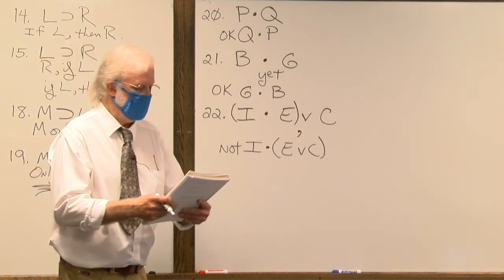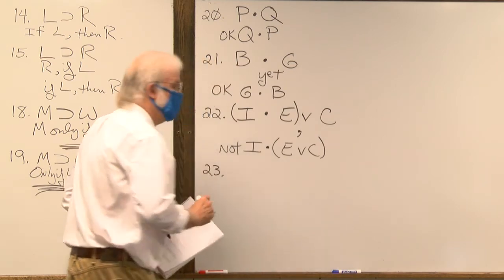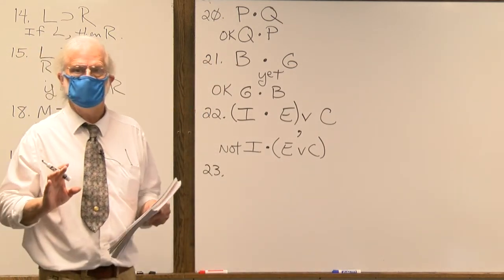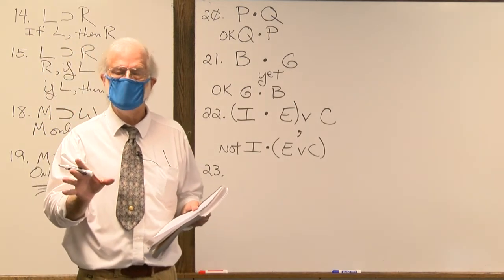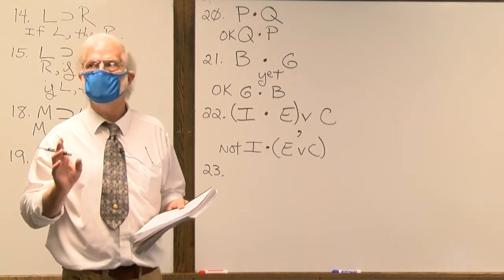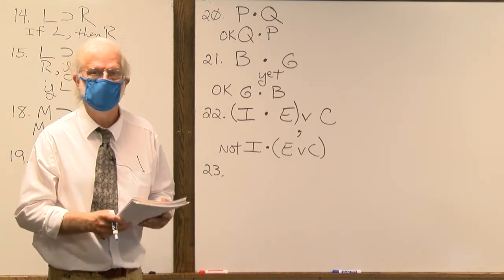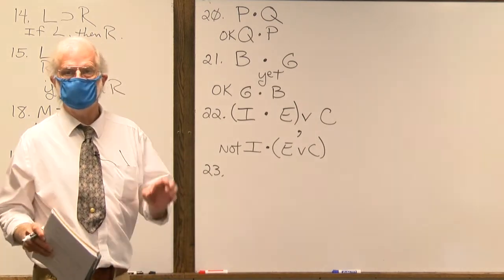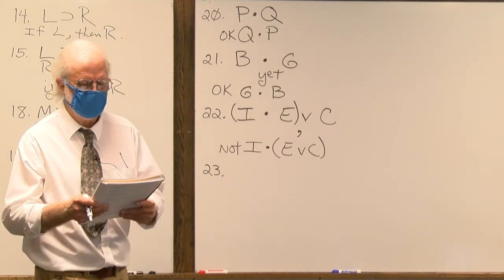Okay. Now let's go further to number 23. This one has a little glitch. It seems very simple, straightforward, and short. But again, as I always tell you, in logic, the short problems are frequently harder than the long problems. This one, you have to pay attention closely to what the letters mean.